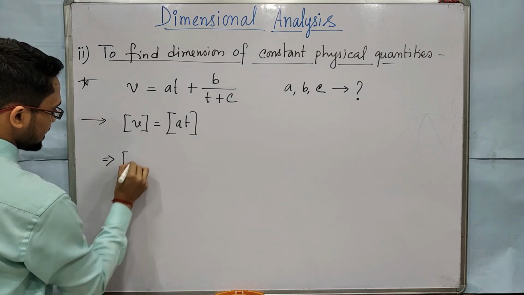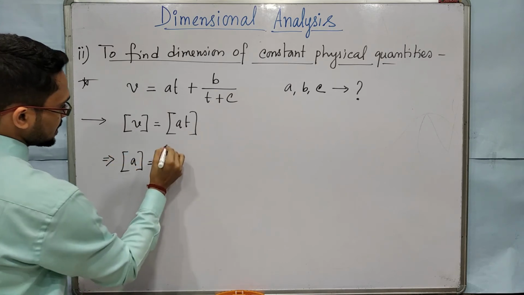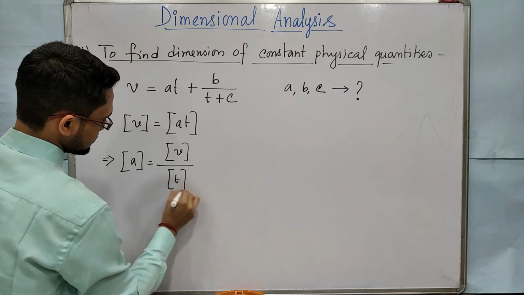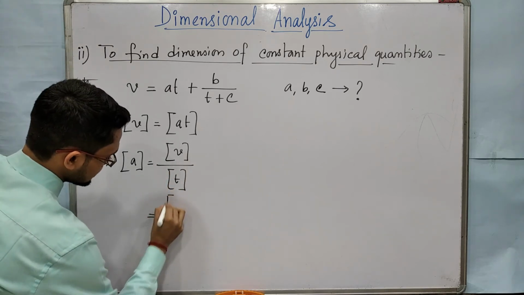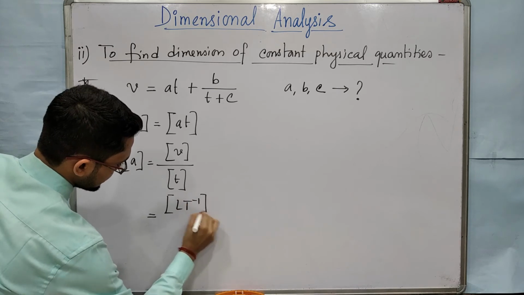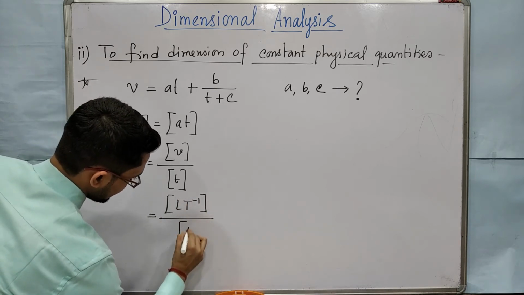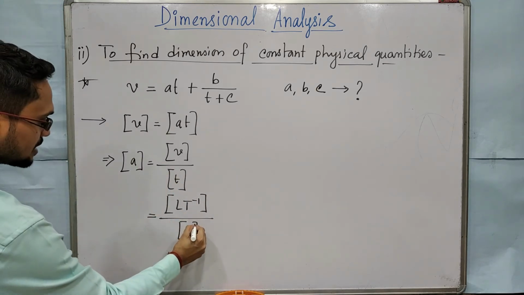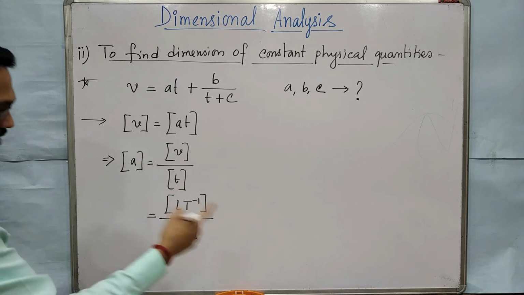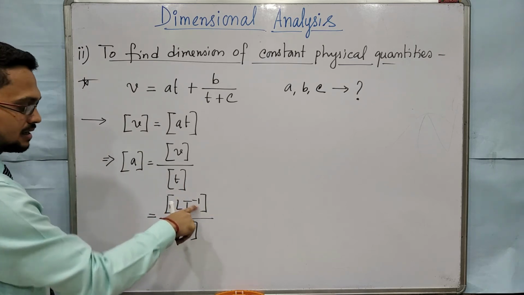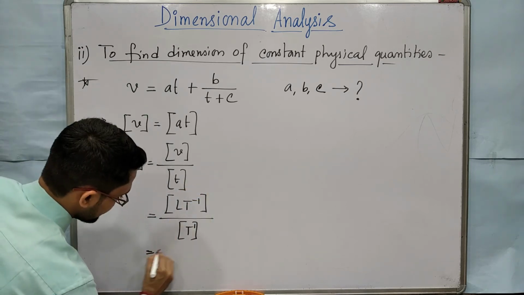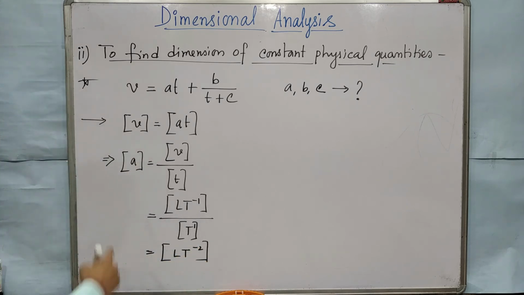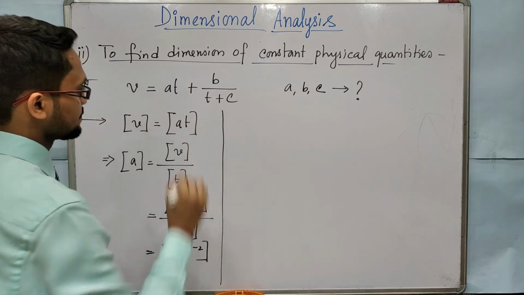So dimension of A will be dimension of V by dimension of T. Now dimension of V is L T^-1 and dimension of T is T. Now this T will go up, that means it will be T to the power minus 1, and already we have minus 1 and another minus 1, that means minus 2. So it will be L T^-2. This is for A.